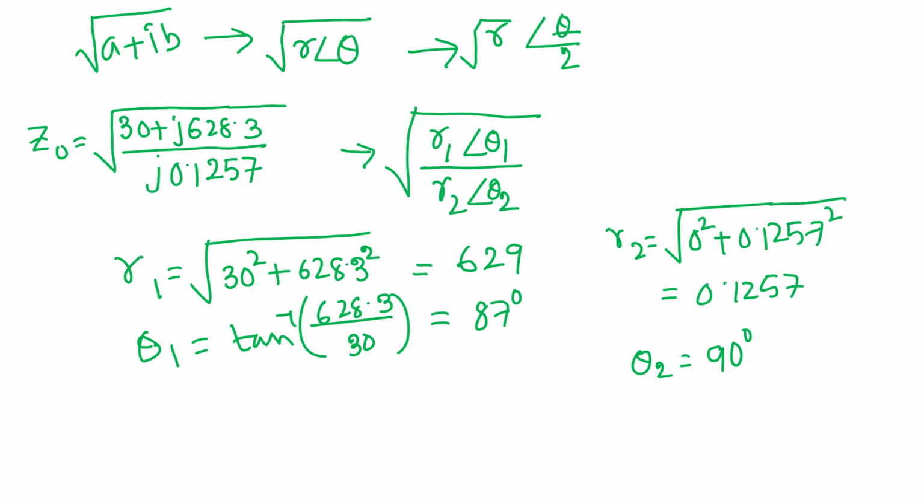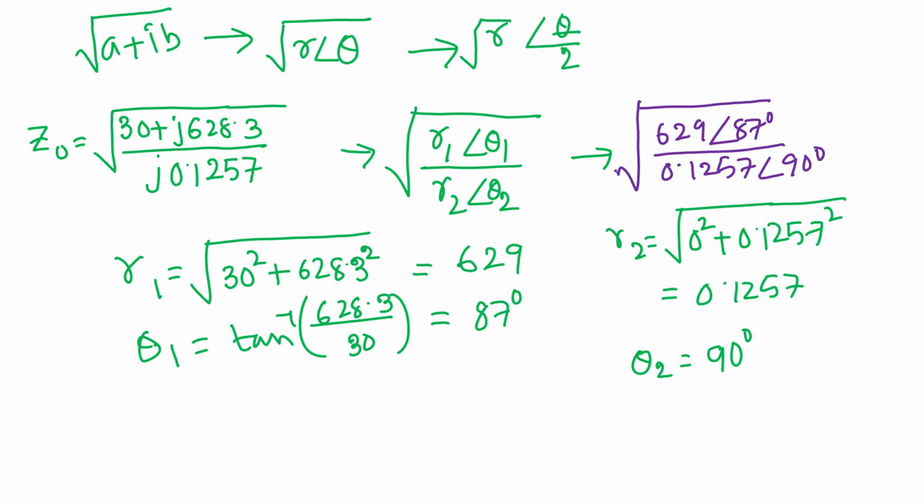So ultimately this ratio has reduced to under root of 629 angle 87 degrees, whole divided by 0.1257 angle 90 degrees.